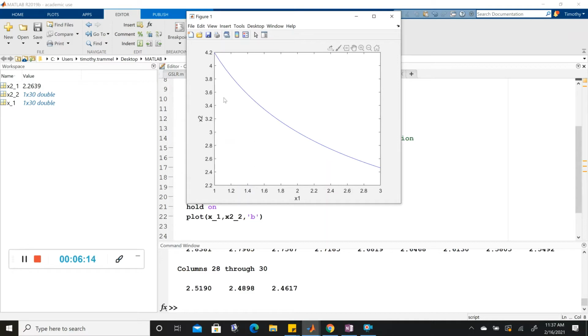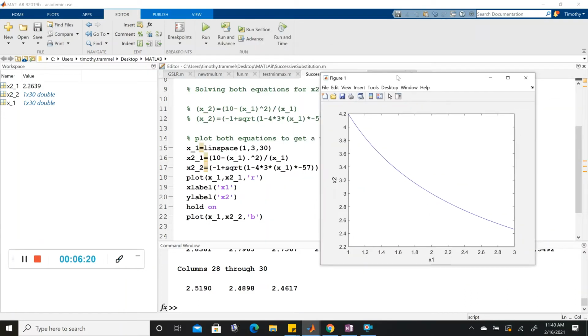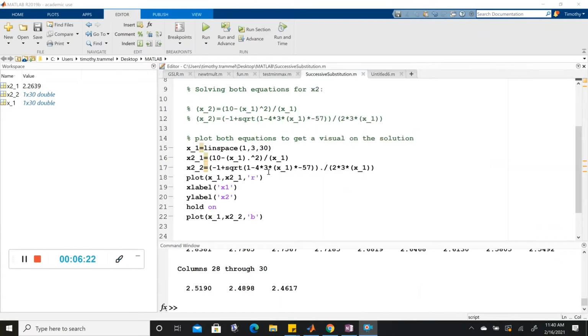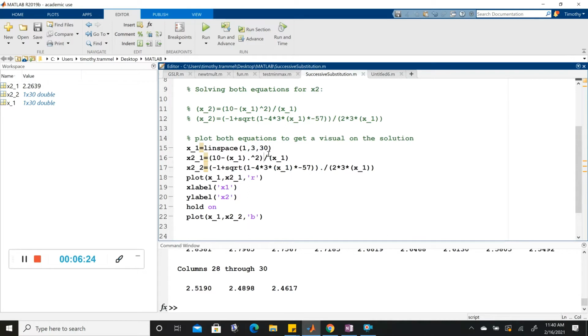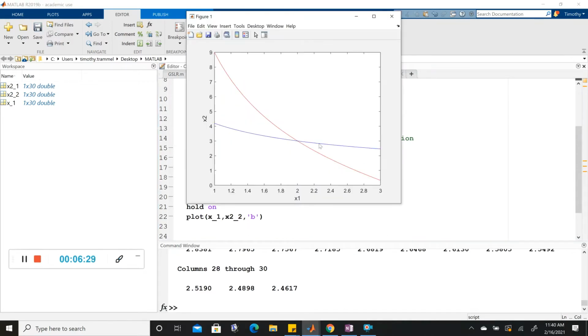Okay, so I see one of the curves here, and this is because we have one more thing to vectorize. Let's put a dot right here in line 16, and if we run this, we see both curves, and it looks like the solution is 2, 3. That's about where the intersection is.